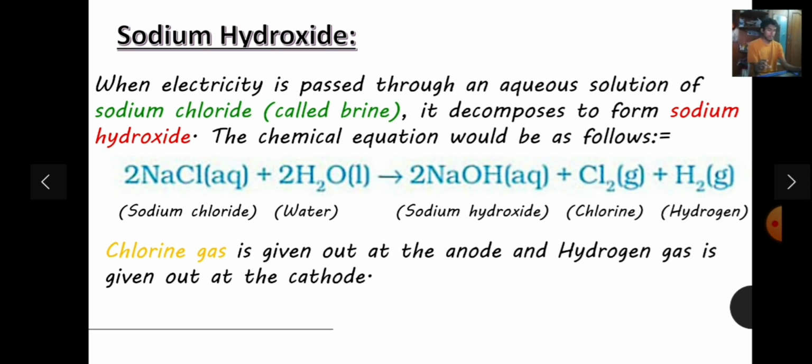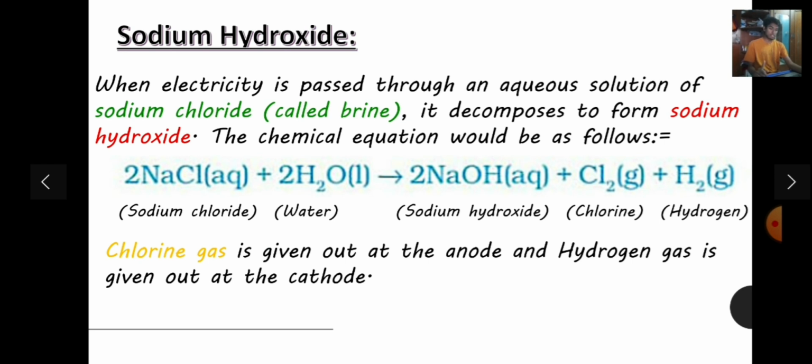So now the sodium from the sodium chloride gets attracted to the hydroxide ion and forms sodium hydroxide, whereas the hydrogen of water gets attracted to the chlorine in sodium chloride and forms hydrogen chloride, right? See here, sodium chloride reacts with water to give us sodium hydroxide plus chlorine.